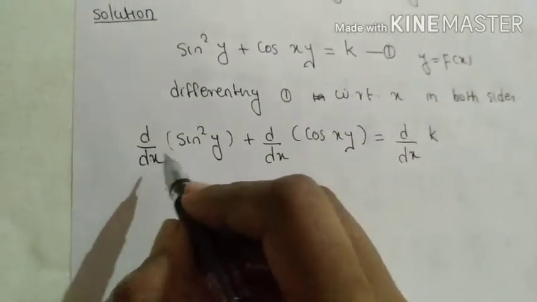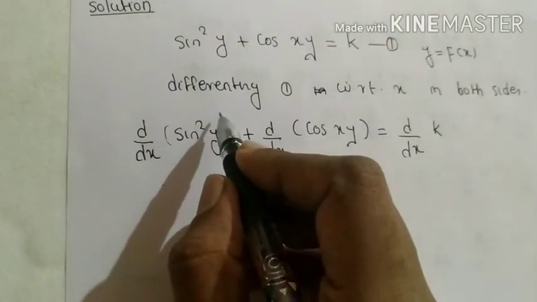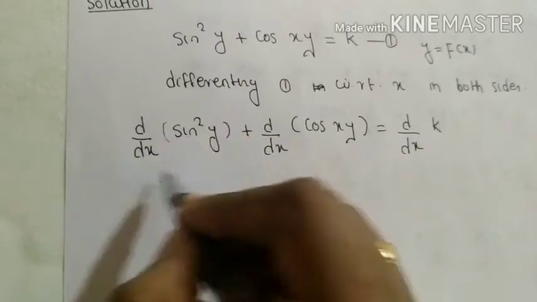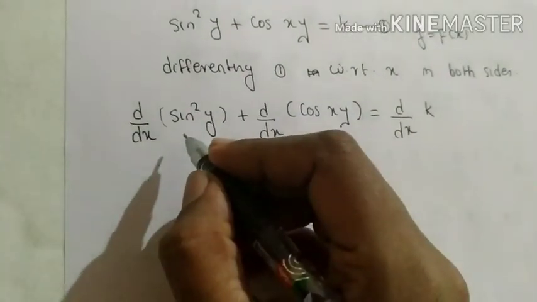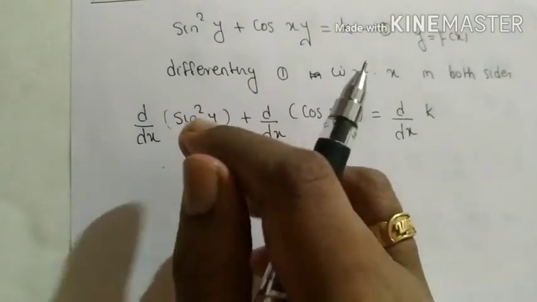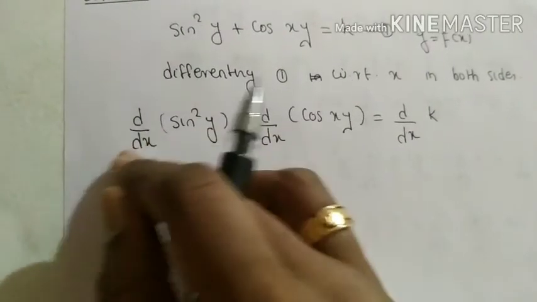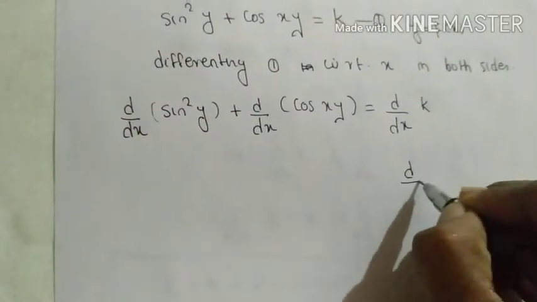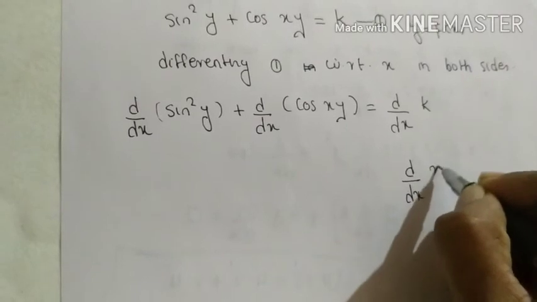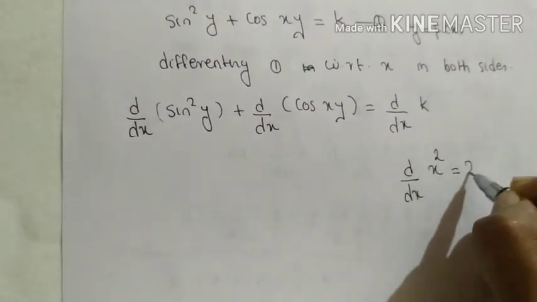Okay, so let us look at the first one, the derivative of sine square y. What will be the standard derivative of this one? We know that the standard derivative of x square is 2x.